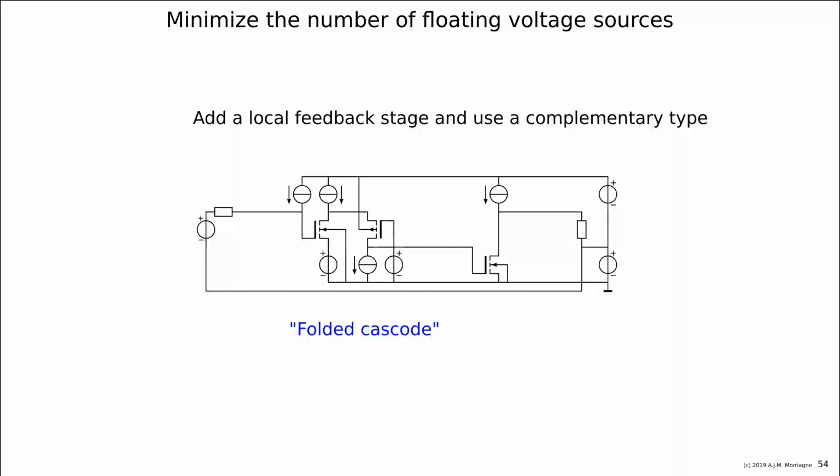But we want to just simplify the biasing and use a folded cascode stage for that. So that is minimization of the number of floating voltage sources with the aid of a complementary device and a local feedback device together.